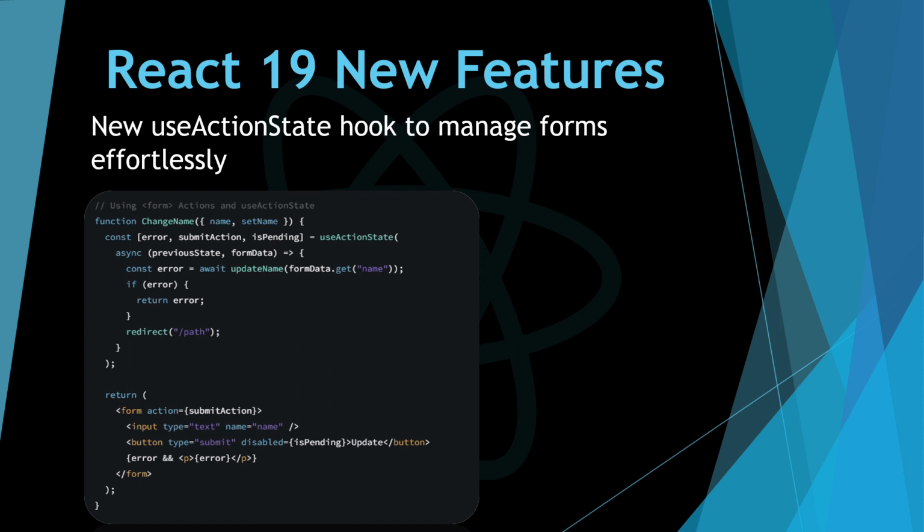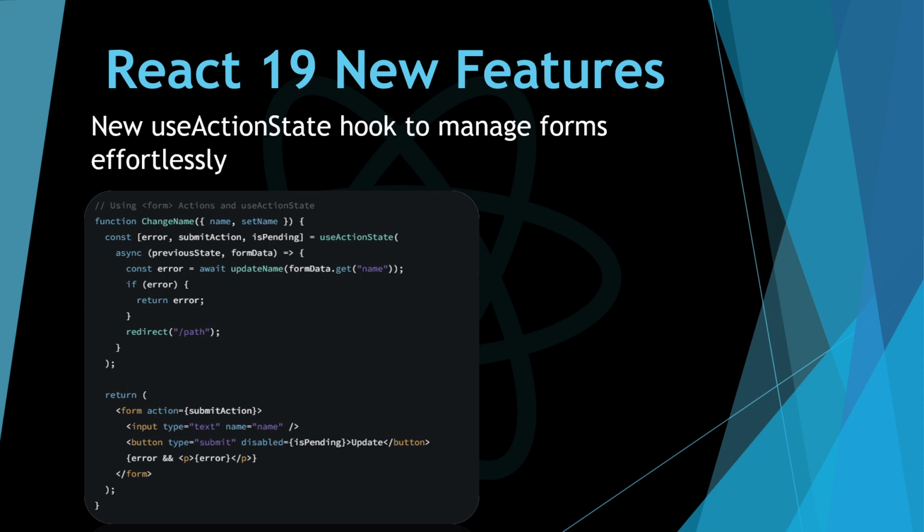You just set the name to name. Here you can see you just need to do formData.get name. Now see, the good thing is that you don't need to create multiple useState for name, email, password, this, that, those.